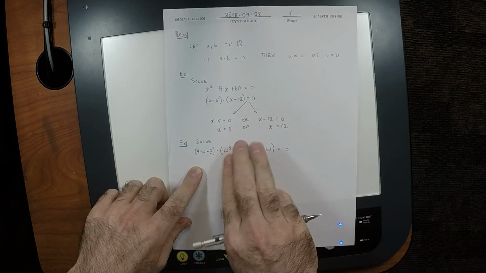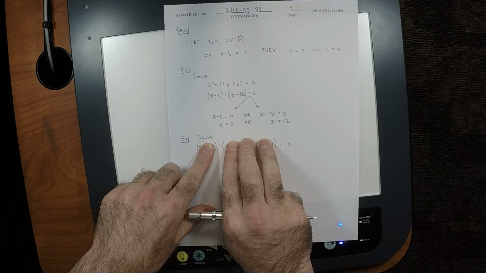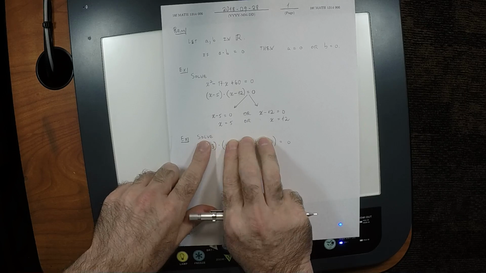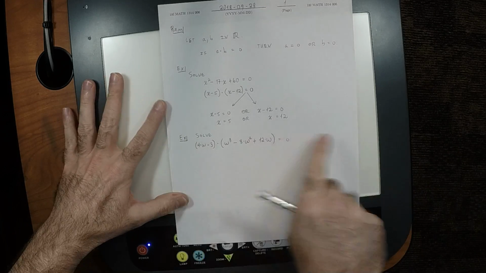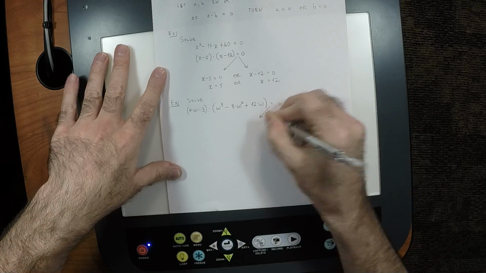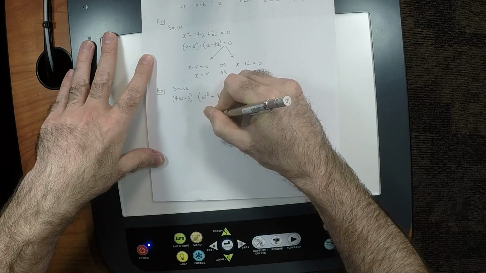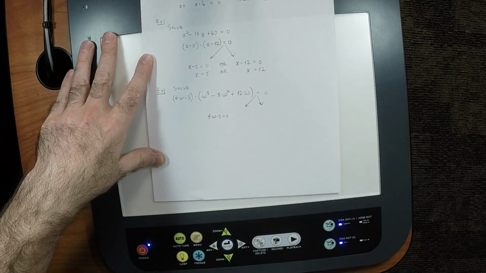So on the one hand, note that we can just use that first rule again, like immediately, right? Because this is one thing multiplied by another thing equal to 0. So as a result, just immediately the equation splits into two pieces. So one possibility is that 4w minus 3 is 0.